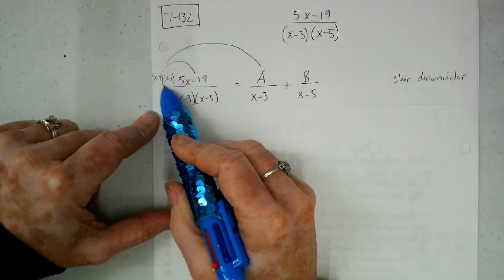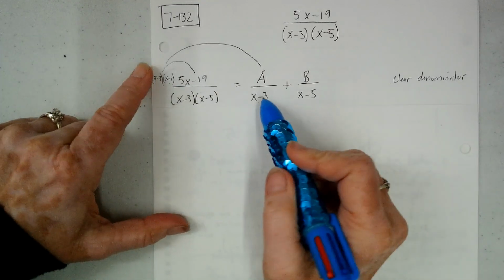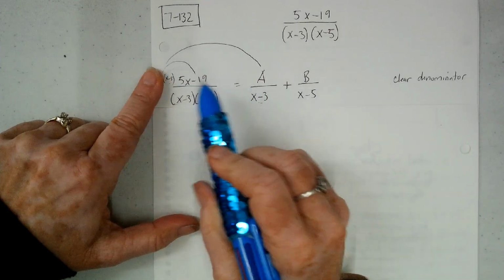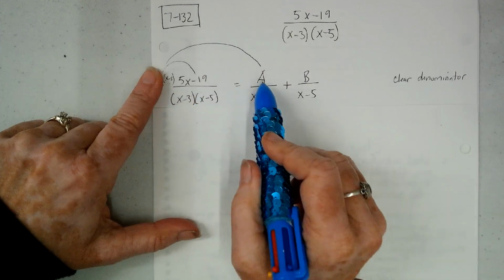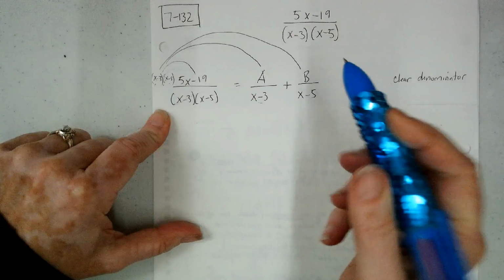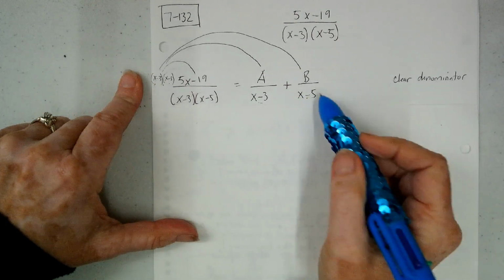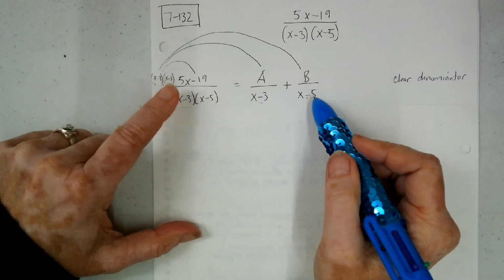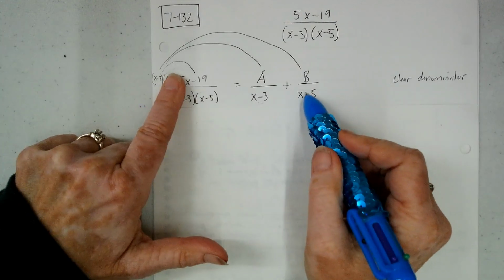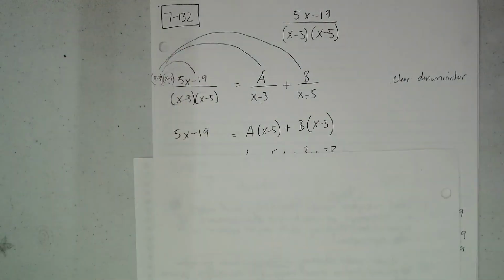When I multiply x minus 3 times x minus 5 against the first fraction, the x minus 3's cancel out, but not the x minus 5, so I'll have a times x minus 5. And when I multiply with the second fraction, only the x minus 5's cancel out, so I'll have b times x minus 3, and we'll end up with this.